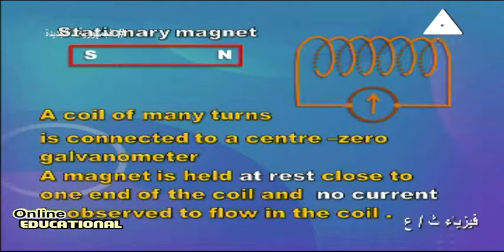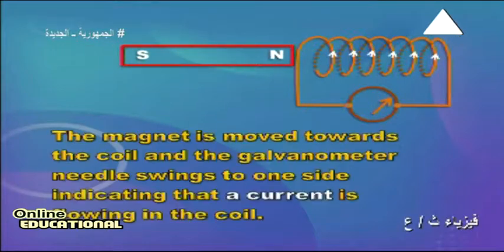Talking about the experiments of Faraday, now the magnet is plunged into the coil. The magnet is moved towards the coil, and the galvanometer needle swings to one side, indicating that a current is flowing. Your attention, please. The current will flow just as long as the magnet is moving.